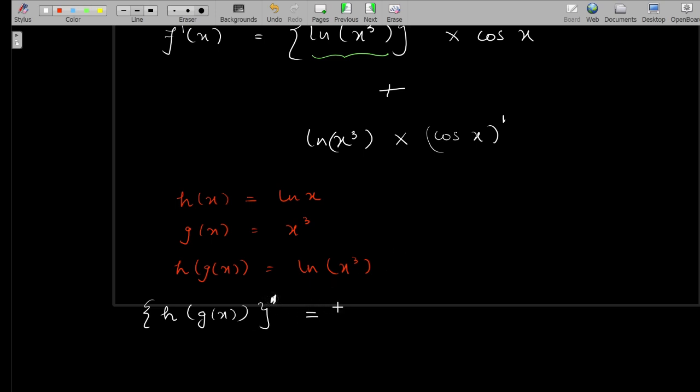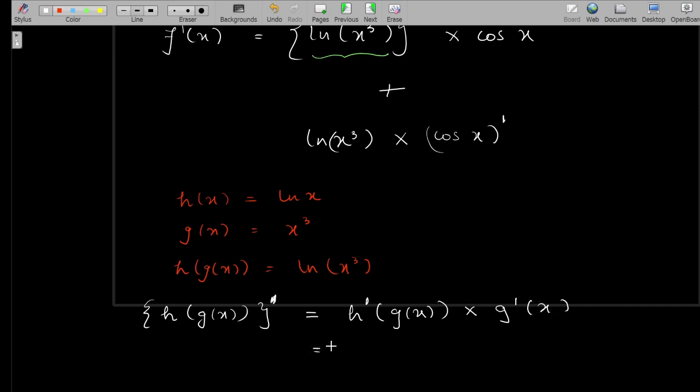So if I'm using the chain rule, that means h prime of g of x times the derivative of the outer function, times the derivative of just the inner function, derivative of g of x.